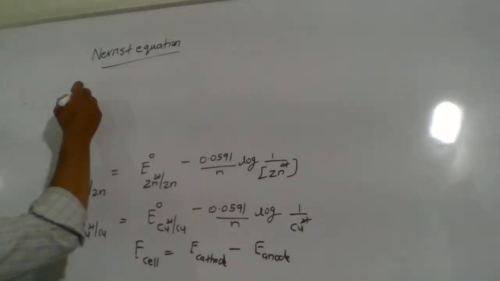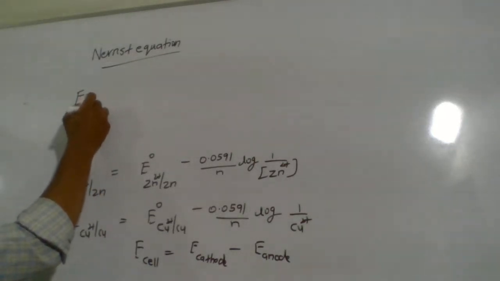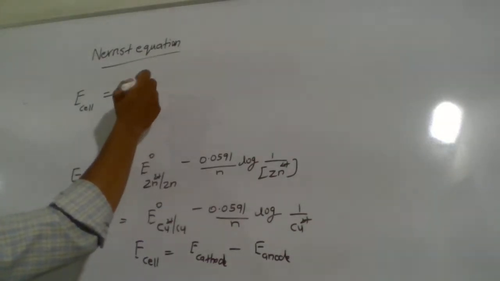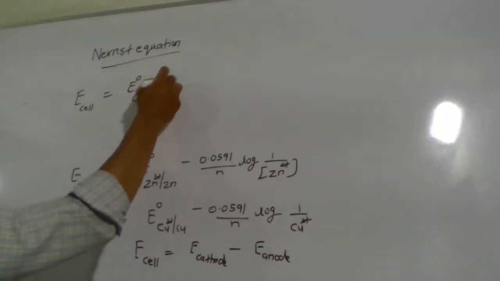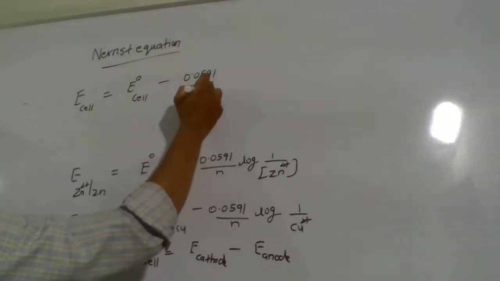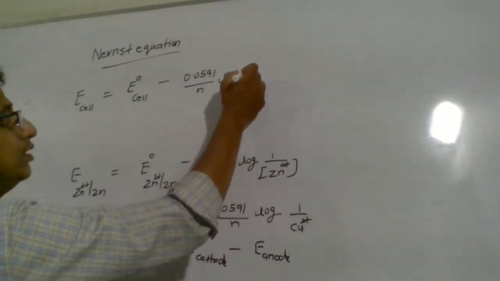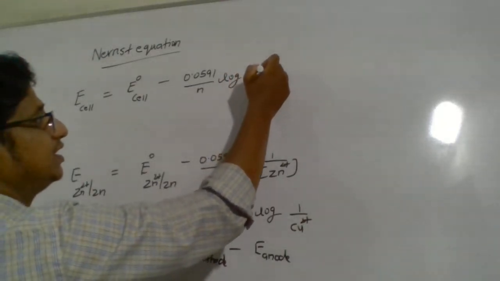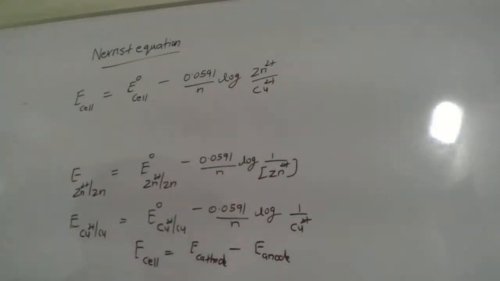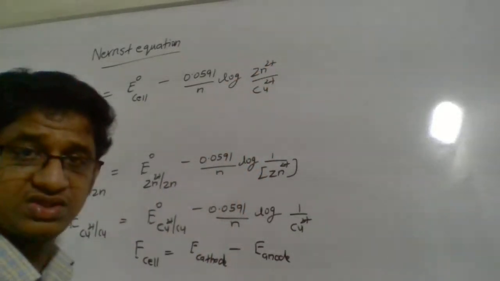So the equation for cell potential: E cell will be equal to E0 cell minus 0.0591 divided by n log [Zn2+]/[Cu2+]. So this is the way you can find the cell potential using the Nernst equation.